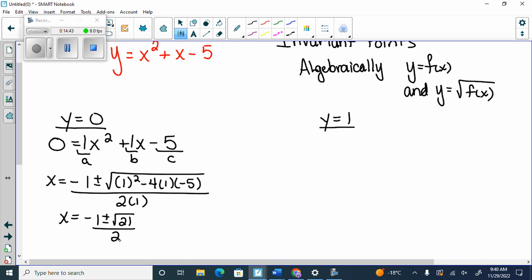Can root 21 reduce? If your root can reduce, must you reduce it? Yeah, not an option to not reduce. Okay? So, is that a point? Is that a coordinate?